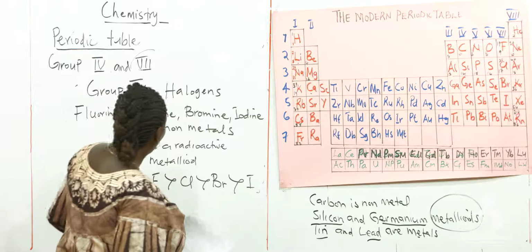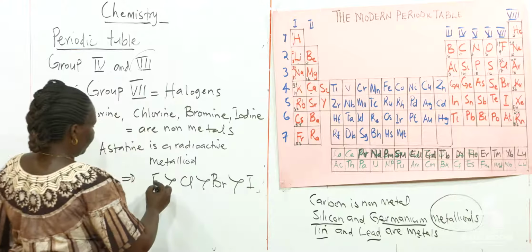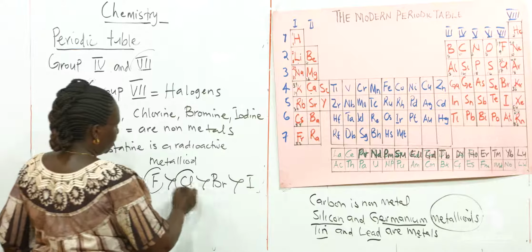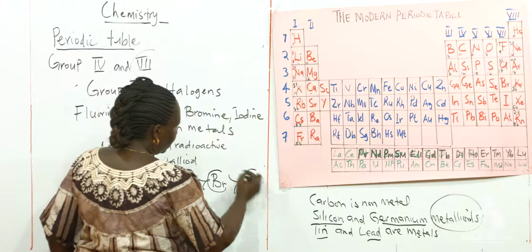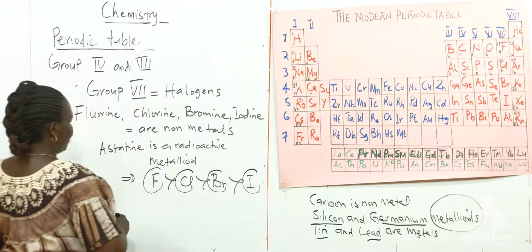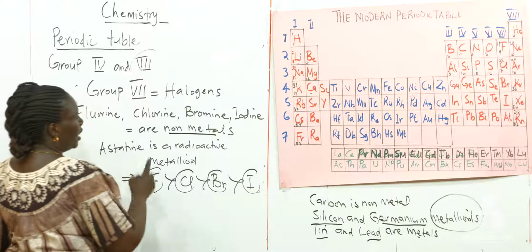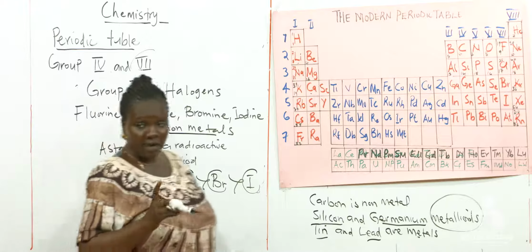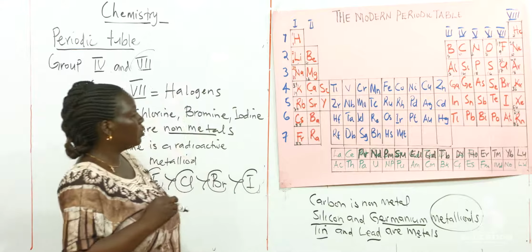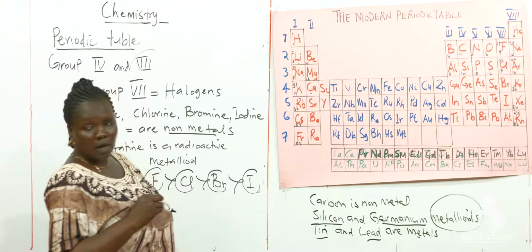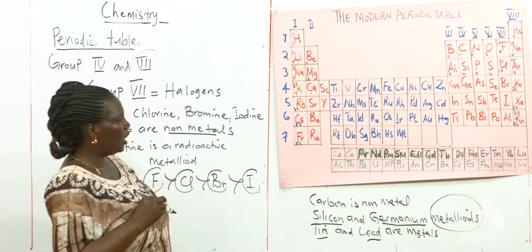So we have fluorine, chlorine, bromine, and then iodine. As I mentioned, these are non-metals. And all members of group 7 have 7 electrons in their outermost energy level.